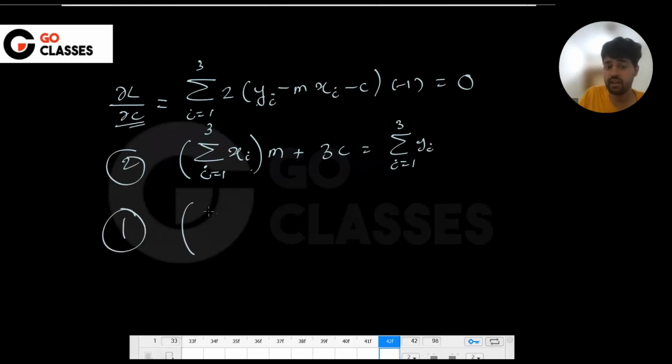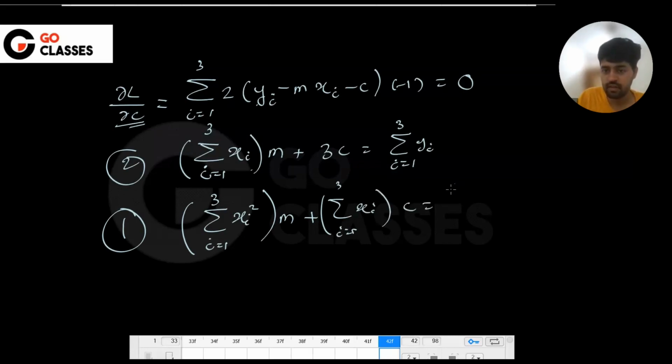I'll just write it down here again: summation i goes from 1 to 3 of xi square m plus, again, summation i goes from 1 to 3 of xi c is equal to summation i goes from 1 to 3 of yi xi. Great. So these are two equations in two variables.